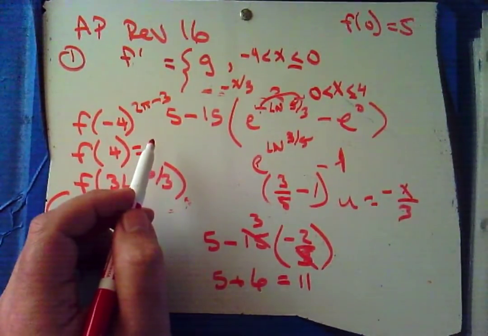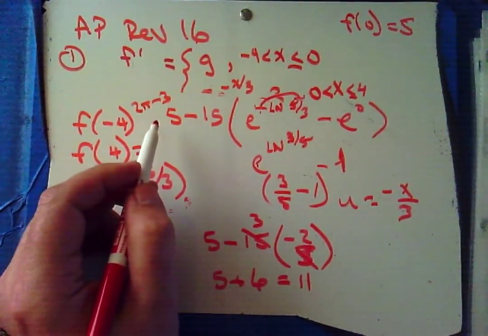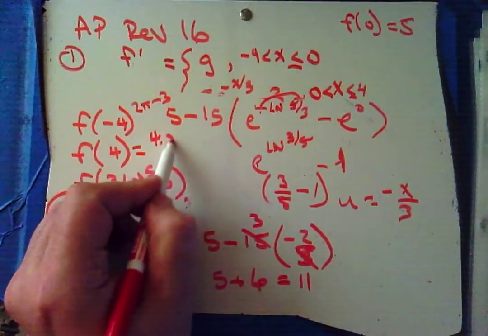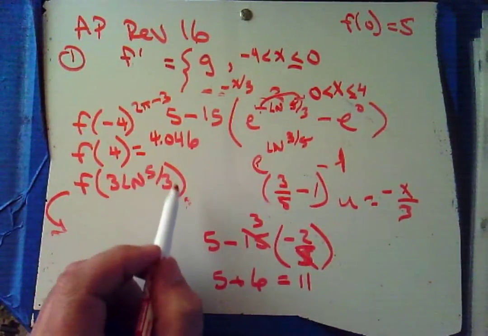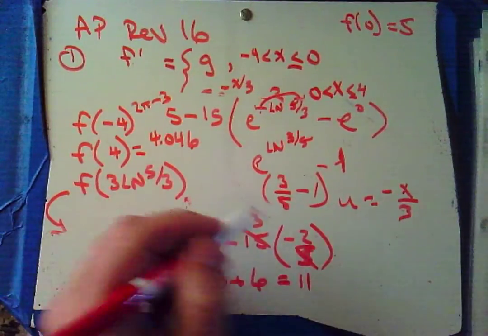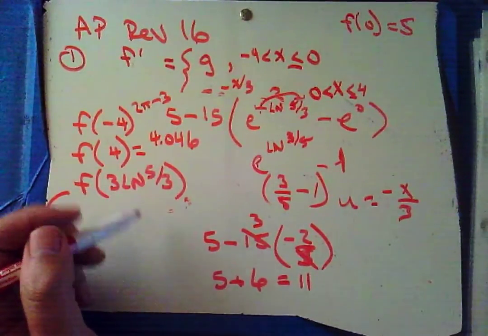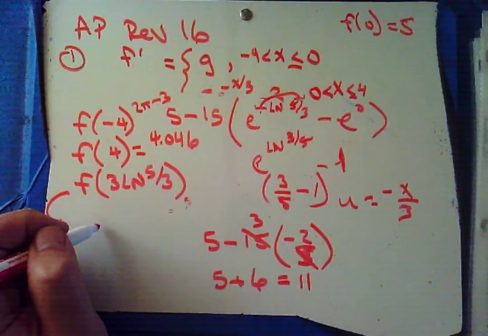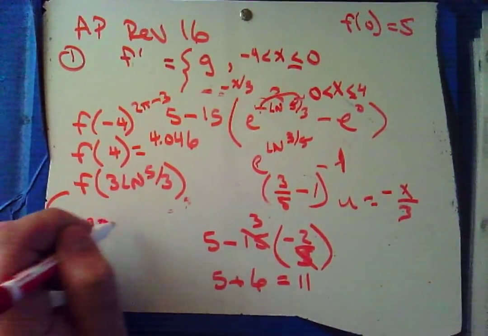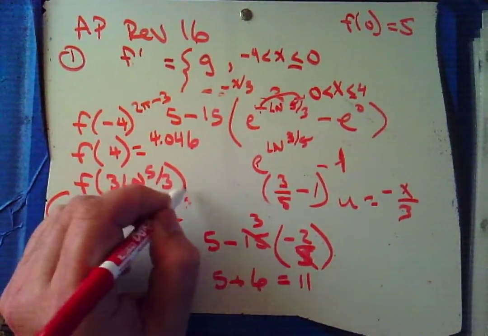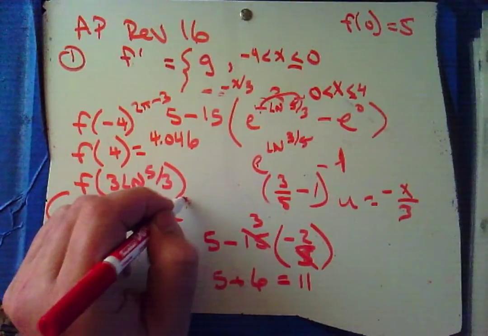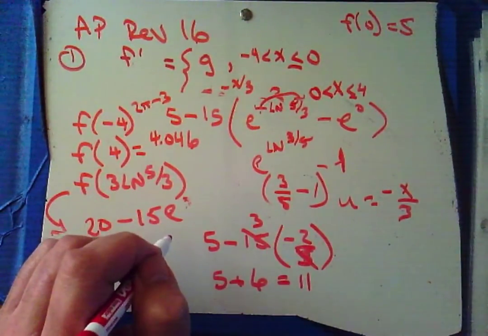And this one, we had that wacky thing on my calculator. It turned out to be 4.046. I don't have it written down precisely. Otherwise, I could walk us through how we figure it out. I think it was 20 minus 15 e to the, and that's the part I don't remember.